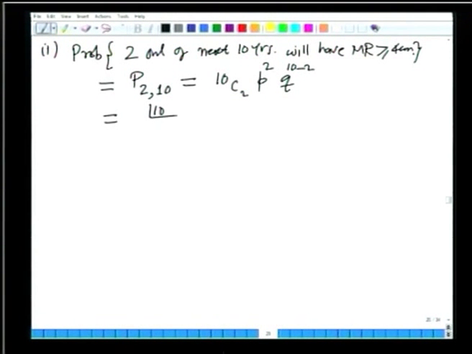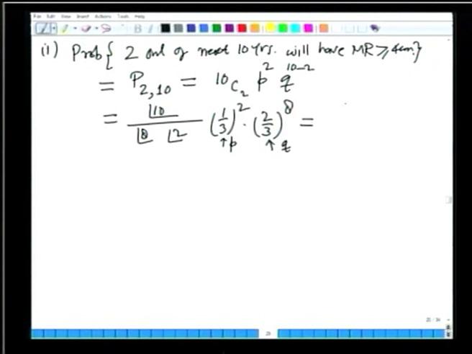So, this will be n factorial over n minus r factorial into r factorial. So, it will be 10, 8 and 2, then 1 by 3 raised to the power 2, this is p, okay, and then multiplied by 2 by 3 raised to the power 8, and this is nothing but your q, which we have just written.